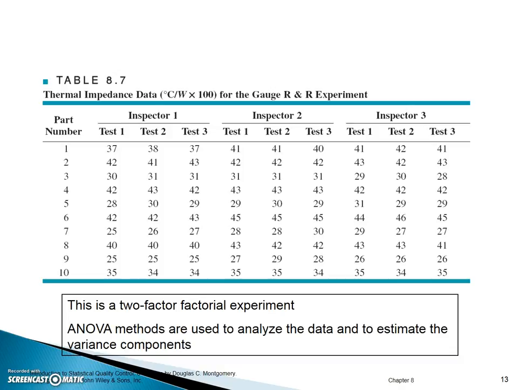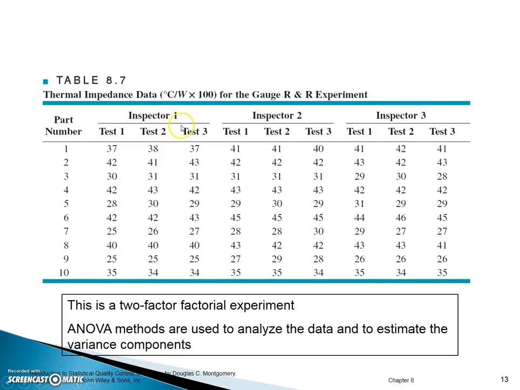Another example we're going to do: so far the examples we went through were one operator only, and therefore we were able to isolate the variability in total between the variability of the part and the variability of the tool. Now we have a 2-factor experiment where we have multiple operators.